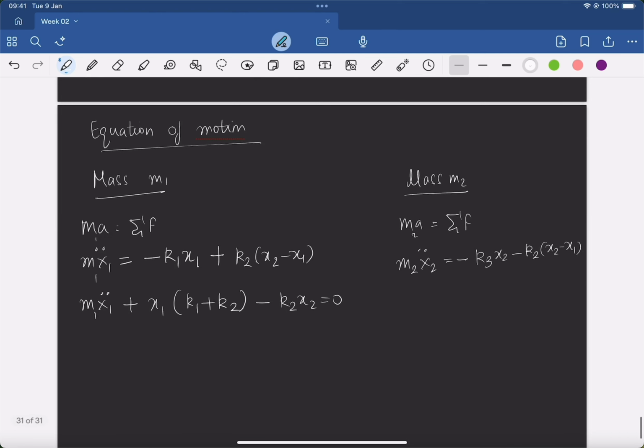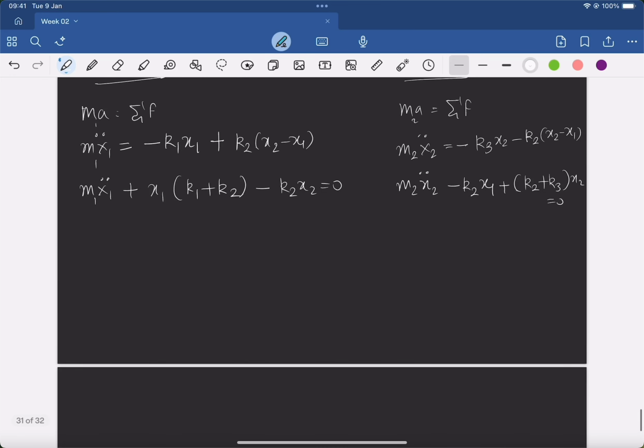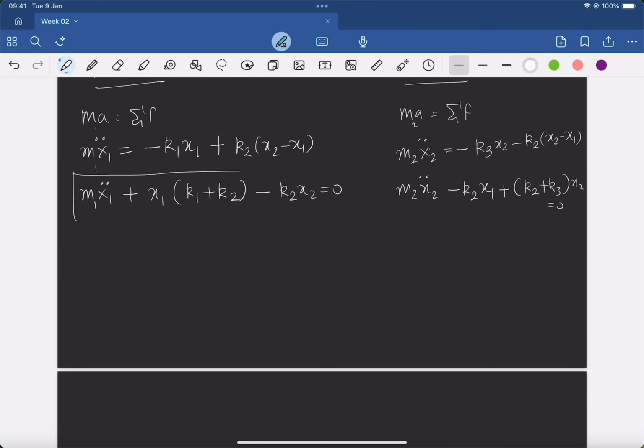If I simplify, I have m2 x2 double dot minus k2 into x1 plus (k2 plus k3) into x2 equal to 0. These are our equations of motion.